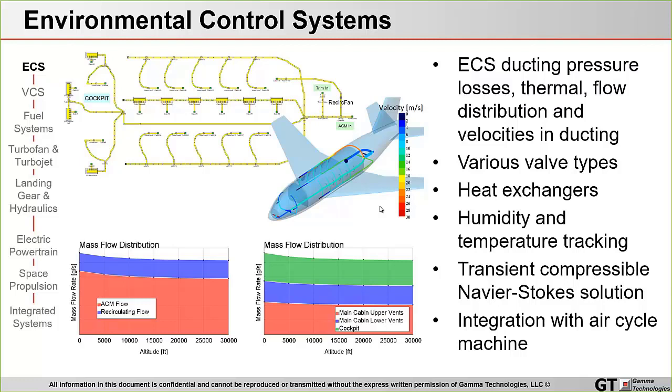And so on an aircraft, for example, you might need to understand how much airflow you are getting to the cockpit versus different parts of the cabin and so forth. By building up an air distribution network with an ECS model, you can predict the mass flow distribution very easily, and you can see the breakdown, for example, of distribution to different parts of the system.